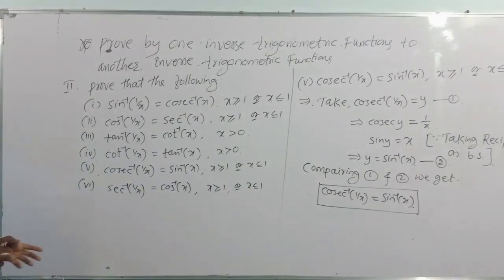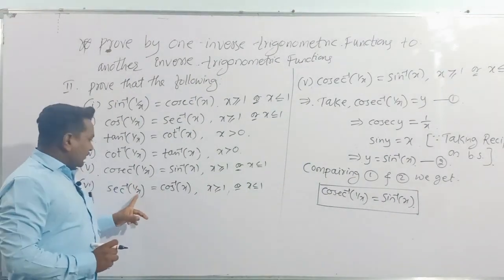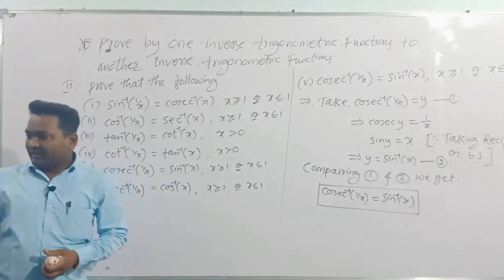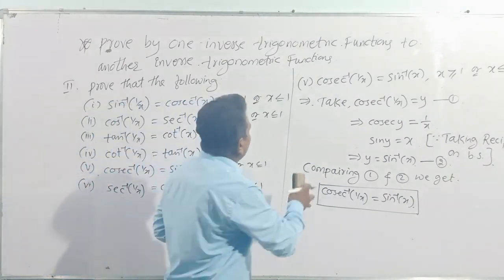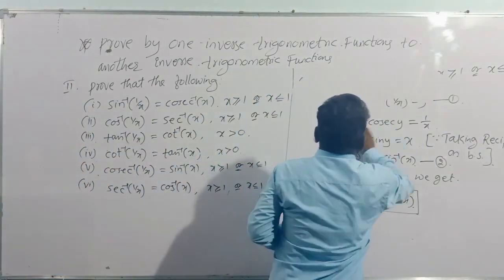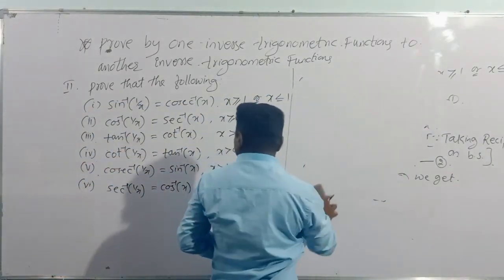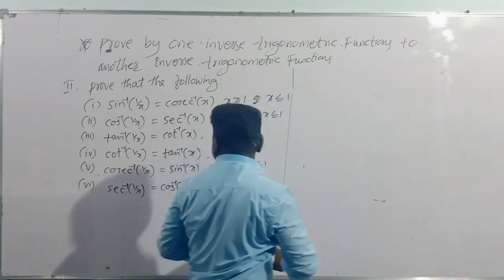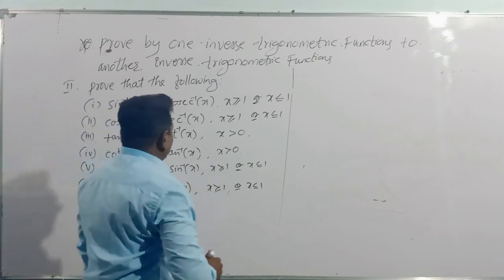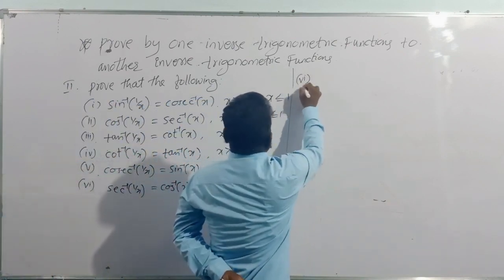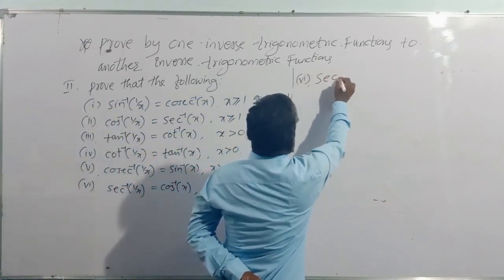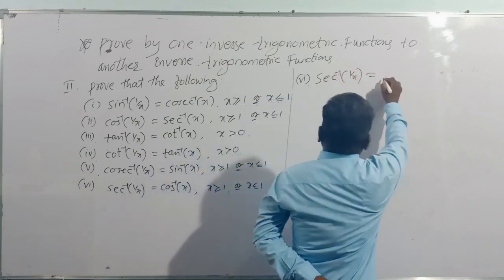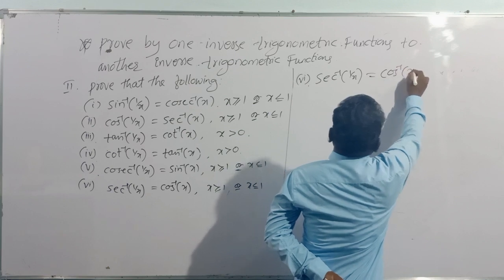Now last one is sec inverse 1 by x is equal to cos inverse x. Let us prove this one also. Sec inverse 1 by x is equal to cos inverse x.